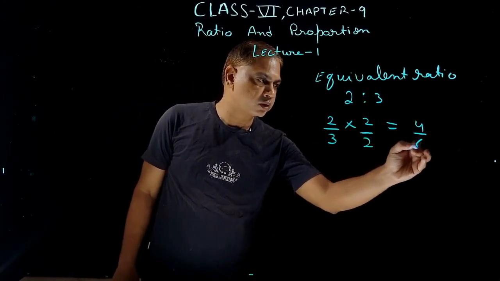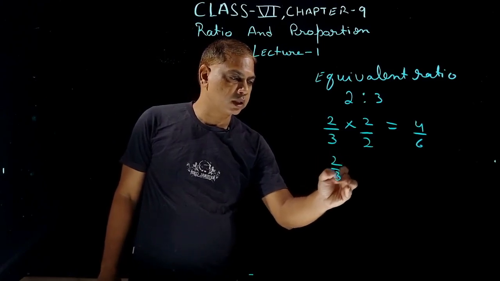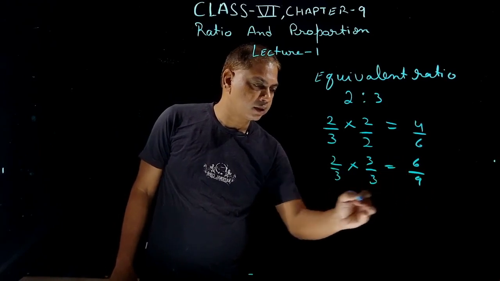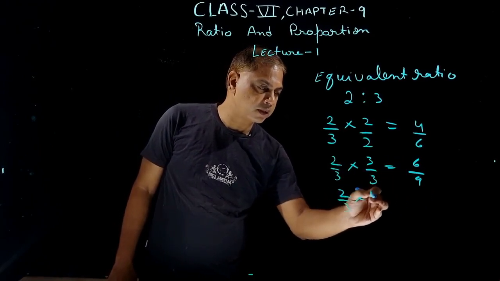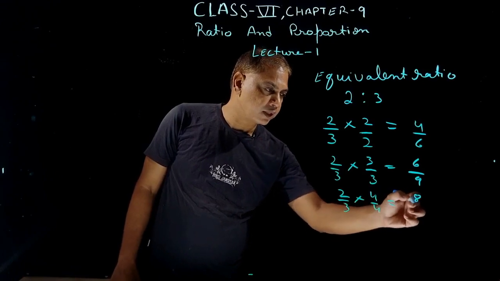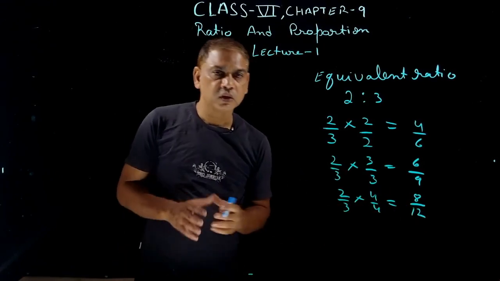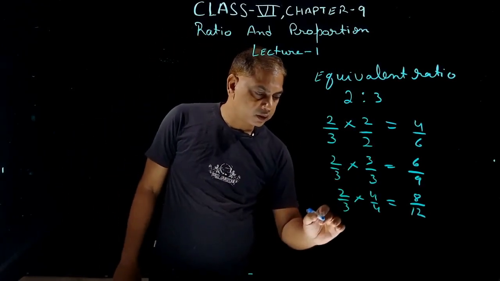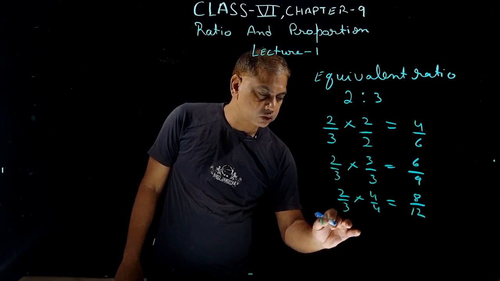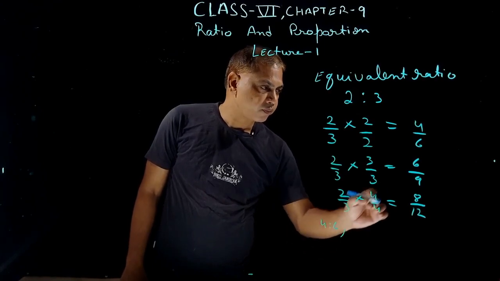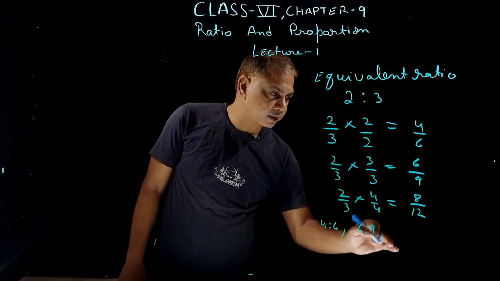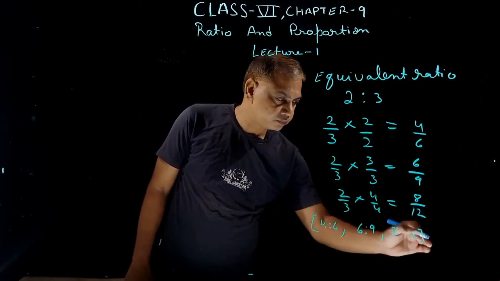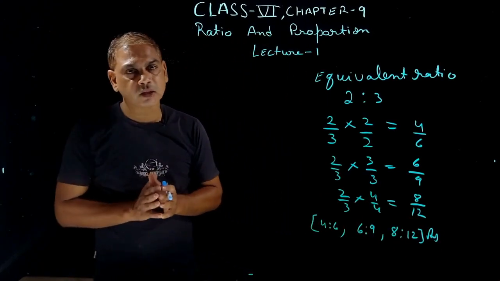You will get 4 upon 6. Now 2 upon 3 multiplied by 3 upon 3, you will get 6 upon 9. 2 upon 3 multiplied by 4 upon 4, you will get 8 upon 12. So 3 equivalent ratios will be 4:6, second one is 6:9, and third one is 8:12. That's how you will find equivalent ratios.